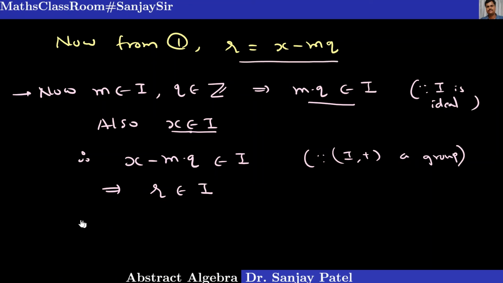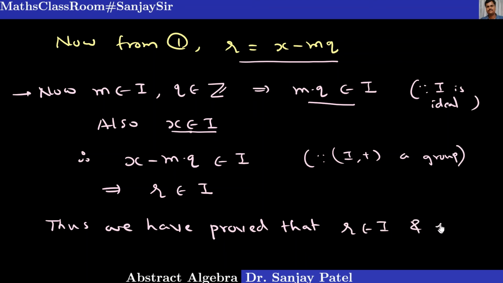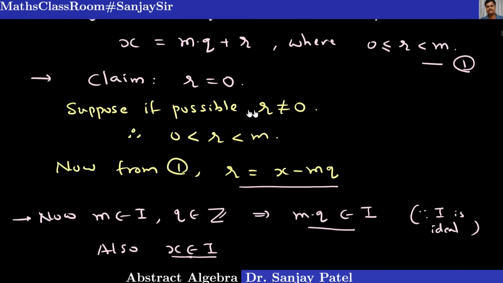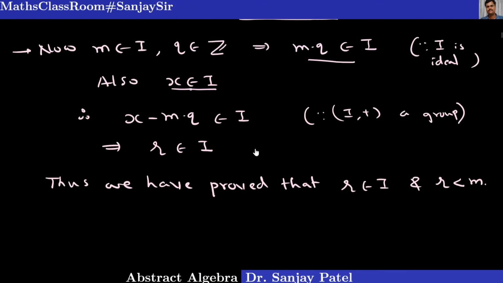So what have I proved? We have proved that r belongs to I and r is less than m. We have noted that r is between 0 and m, so r is strictly less than m. So I have shown that there is an element r belongs to I and r is less than m, and r is a positive integer.